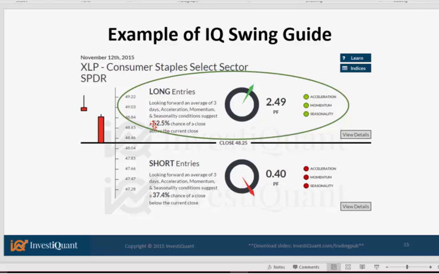One is the win rate. This shows that on average, 3 days later, XLP would have been higher about 62.5% of the time, based on the average of our acceleration, momentum, and seasonality systems.